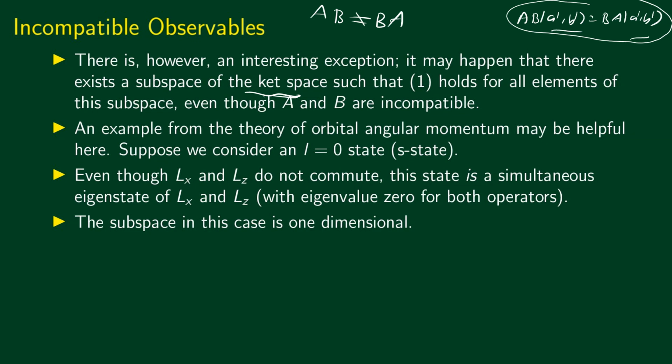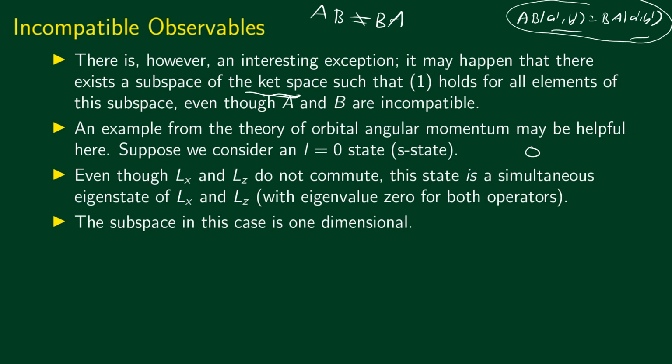Alright, so an example comes from the theory of orbital angular momentum. There is a state called the S state corresponding to 0 orbital angular momentum, or L equal to 0. Now this state is a simultaneous eigenket of both Lx and Lz with eigenvalue 0. If either Lx or Lz is non-zero, then we cannot have L equal to 0. It won't be a zero angular momentum state, or it won't be an S state.